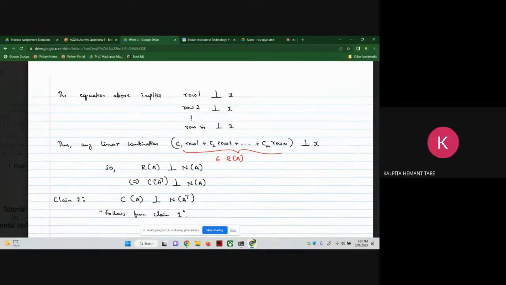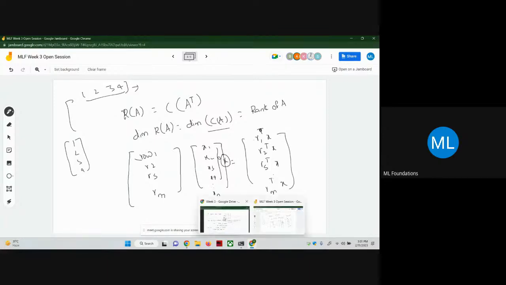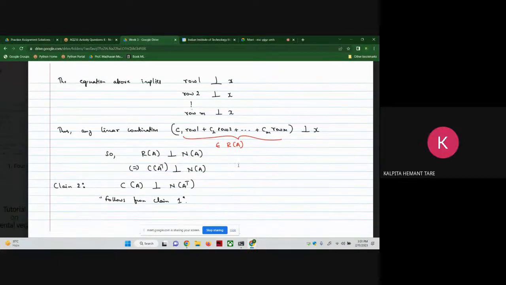But the actual conclusion is that row 1 is perpendicular to x. Row 1 multiplied by x gives you 0, row 2 multiplied by x gives you 0, row 3 multiplied by x gives you 0. That's the final conclusion. Each row is perpendicular to x, so the linear combination of the rows will also be perpendicular to x.